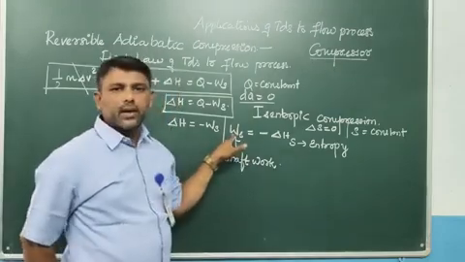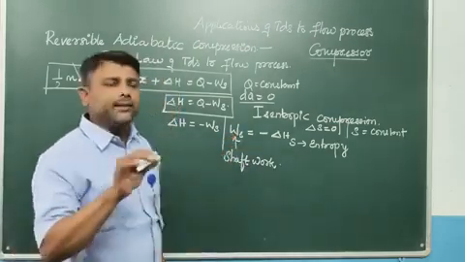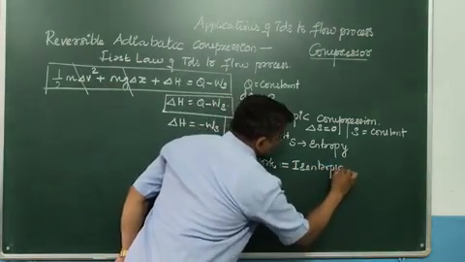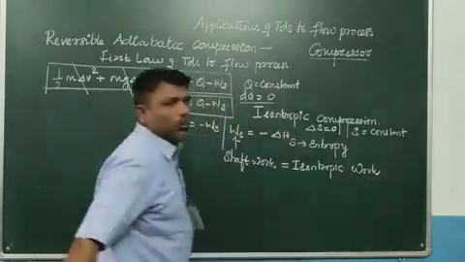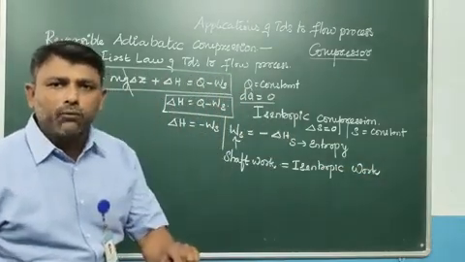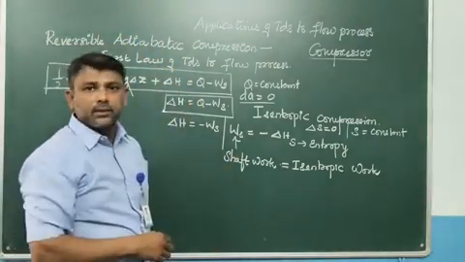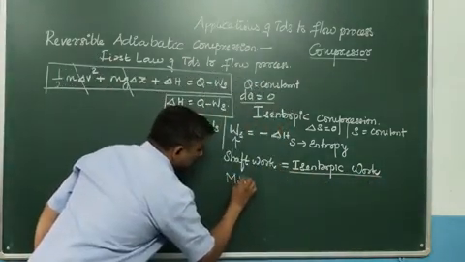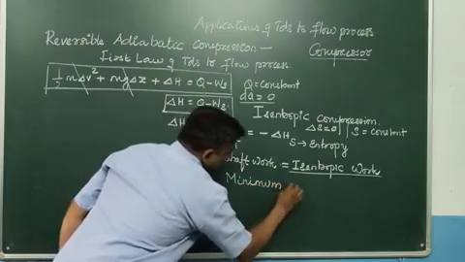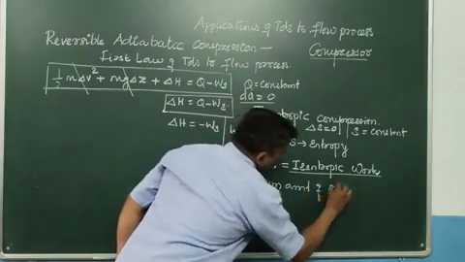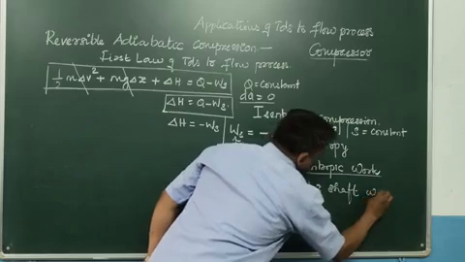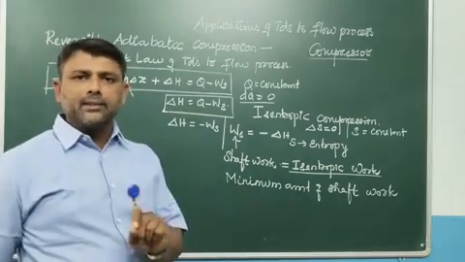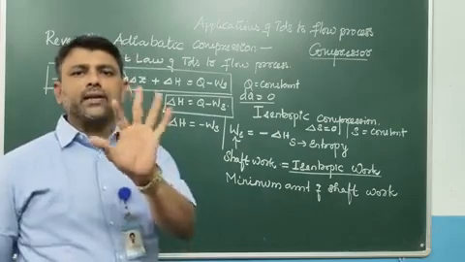Right. Coming to the point of shaft work. The shaft work is nothing but isentropic work. Isentropic work means the minimum amount of shaft work, because it is a reversible process, required for a compressor to compress air or gas from an initial pressure to its final pressure.